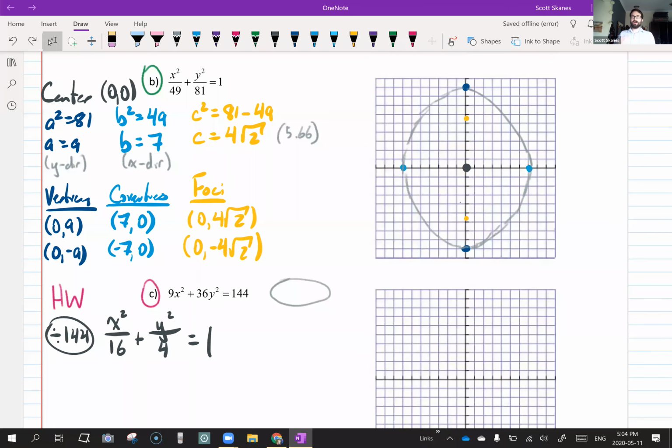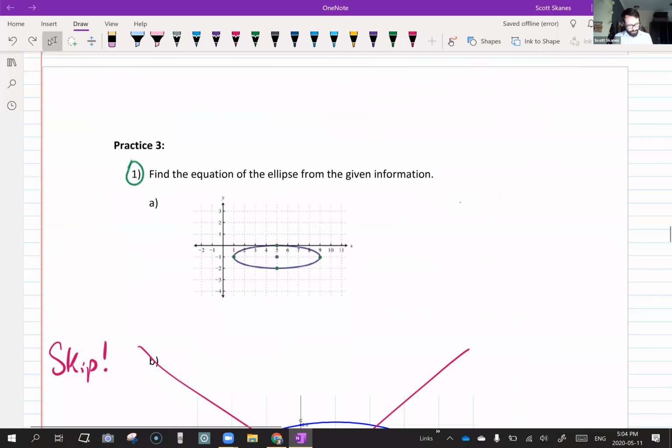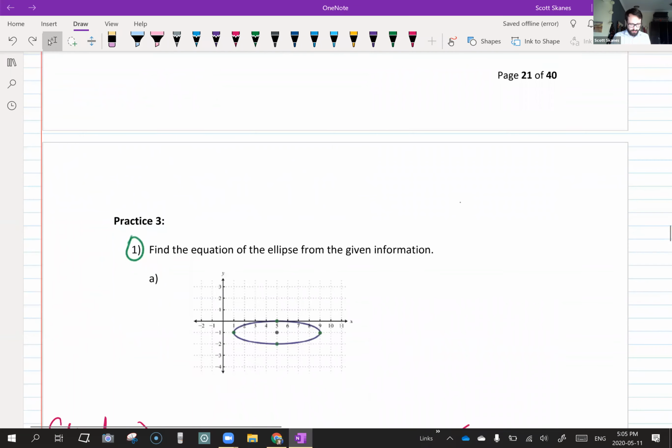So you should be able to look at the graph and say, okay, I see the center, I see the vertices, and I see the focus points, so I should be able to make the equation myself. You probably can't, but you will be able to, because I'm going to teach you. Okay, let's move on. We got 2 more pages, 3 more questions.